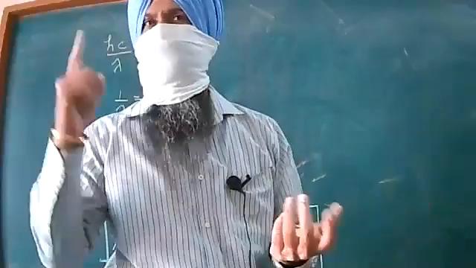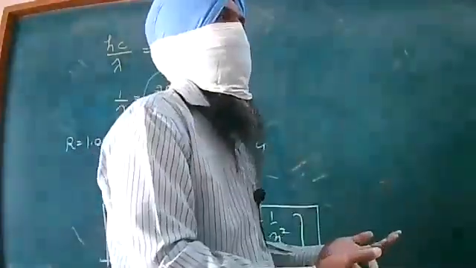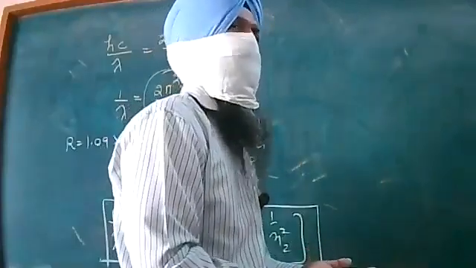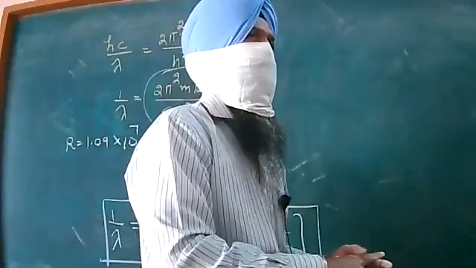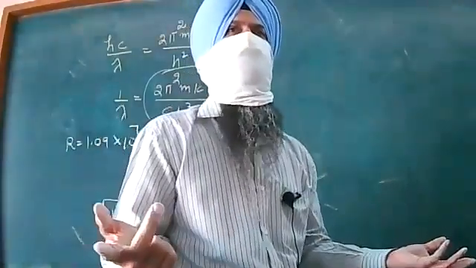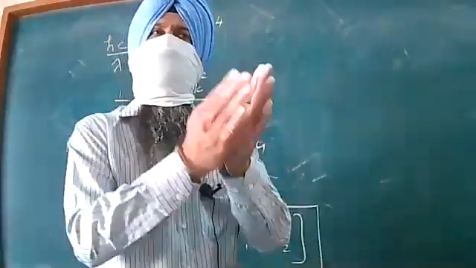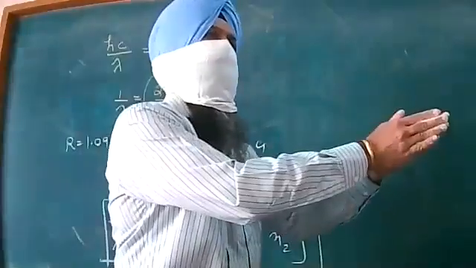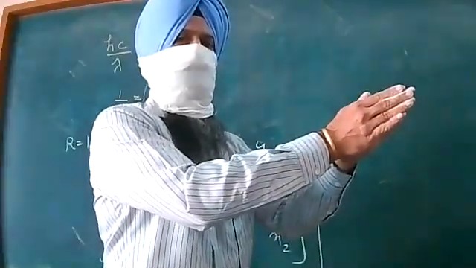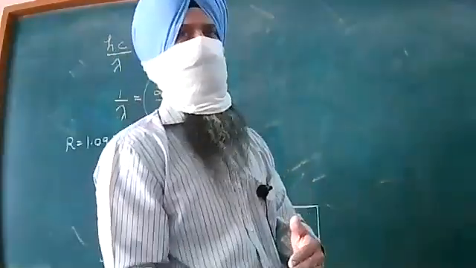You may have a single wavelength present in that light. We may have multiple wavelengths present in that particular light. If it is a single wavelength, we call this monochromatic beta. If all the wavelengths are present, we say that the spectrum is continuous. Continuous means starting with the lower value up to the higher value, all the energies or all the wavelengths are available with us.